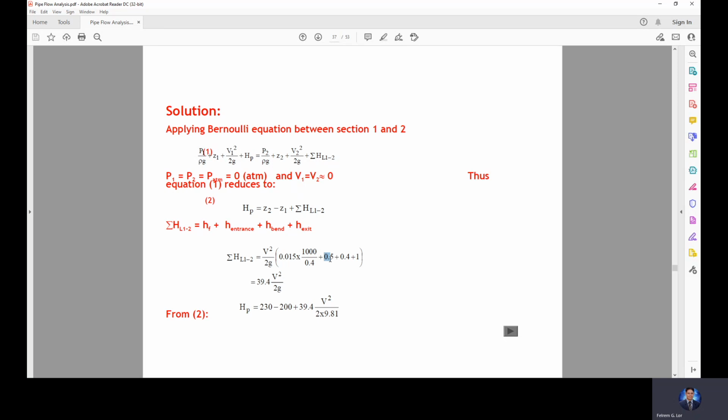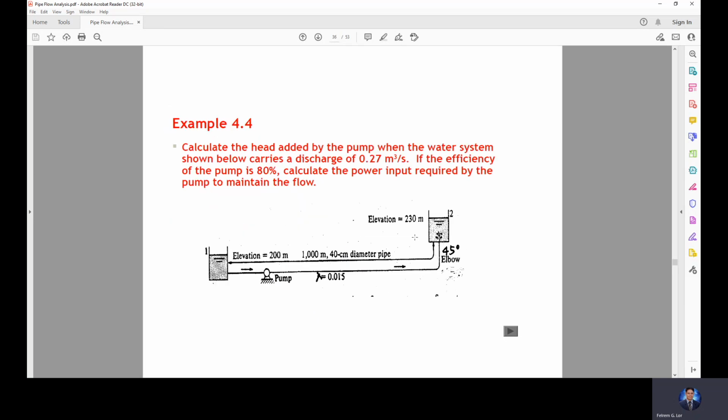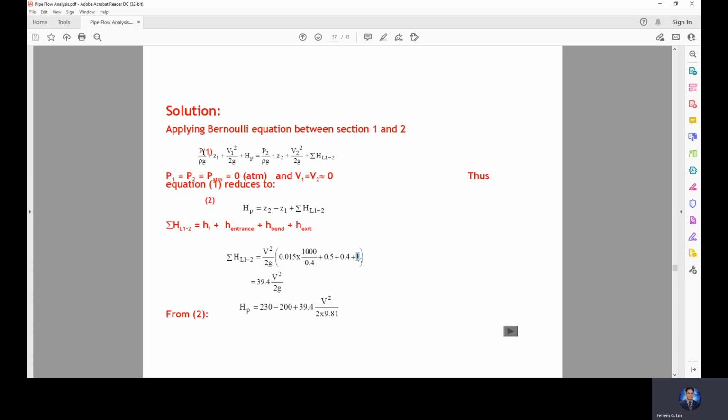So, the K of sudden contraction is 0.5. Okay? So, K for sudden change in direction or bend, which is 0.4. Then, K niya sa exit from pipe to the tank is just equal to 1. Okay? Then times V squared over 2G.